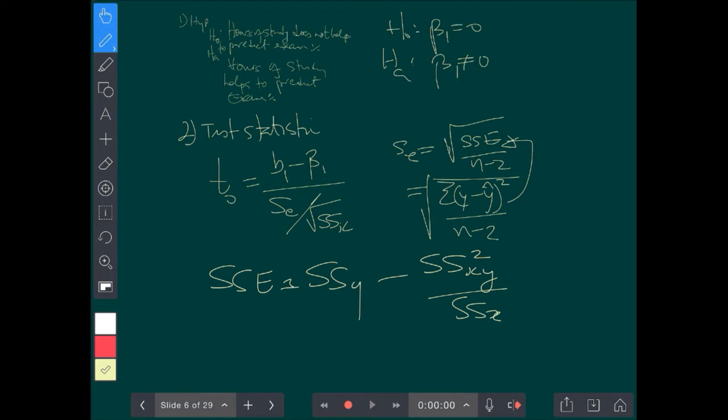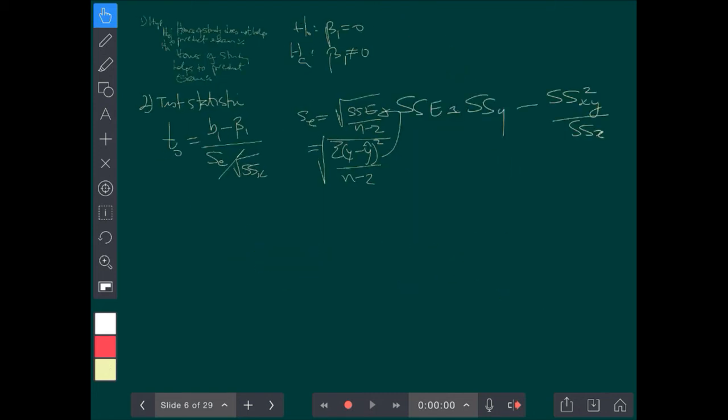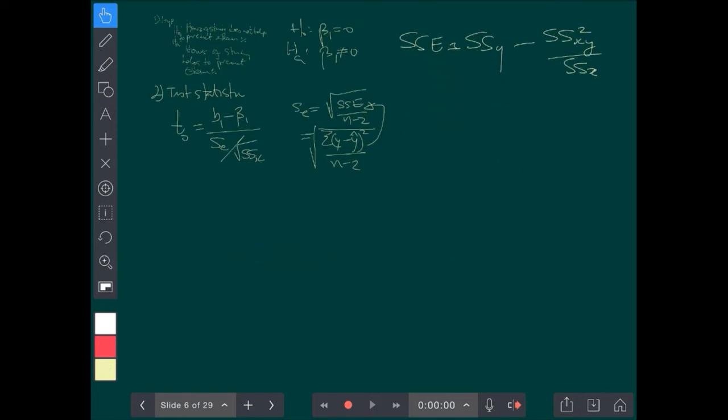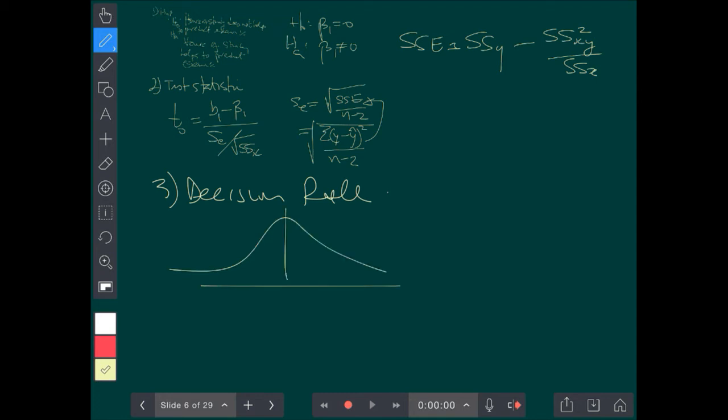So now let's go to step 3. Step 3 is our decision rule, and it's the same decision rule that we had before. It's a two-tailed test. If we use the same alpha value, so alpha is 0.05, degrees of freedom is n minus 2, which is 8.